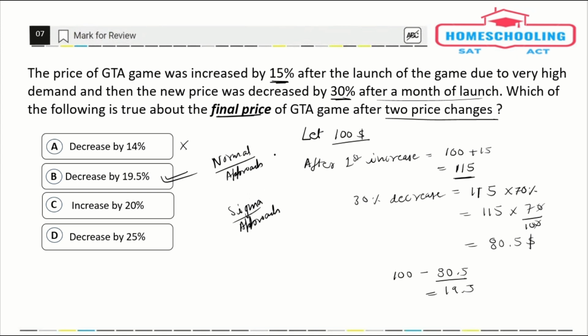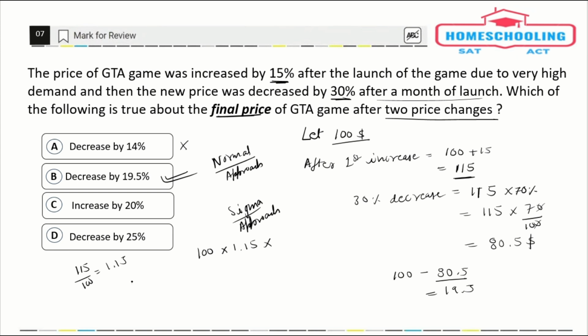So if we have to find the final price after two price changes, the sigma approach would be, let's say the initial price is $100. So we'll write 100 here. Then the first increase was how much? 115%. 115% can be written as 1.15. So it would be 1.15. And the second price change was how much?